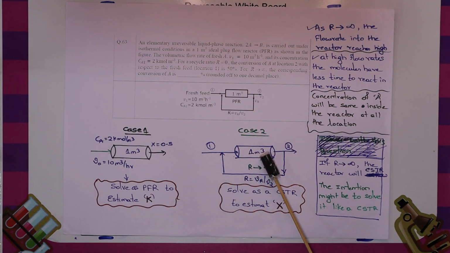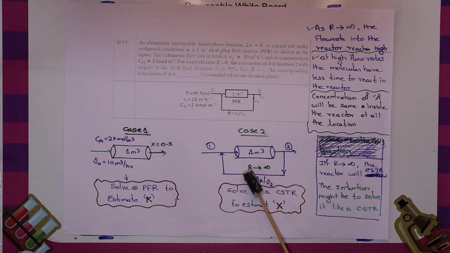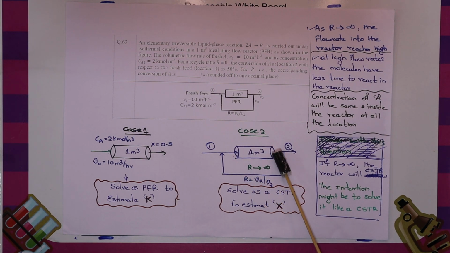If the available space time is drastically reduced, the concentration will remain the same throughout the reactor. That means as you increase the recycle ratio, the concentration over the entire PFR will be close to a single concentration. In a normal PFR, the concentration at the beginning will be higher compared to the end.